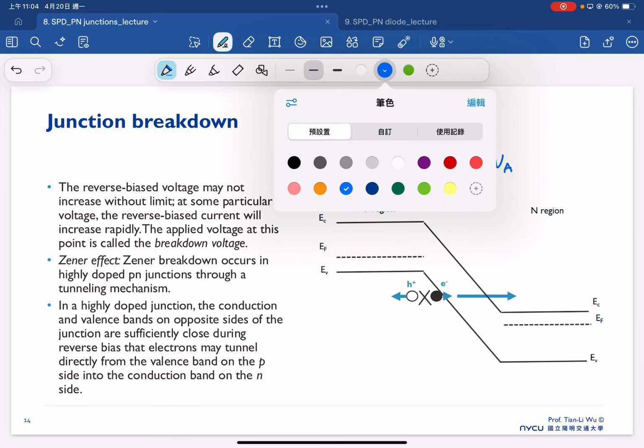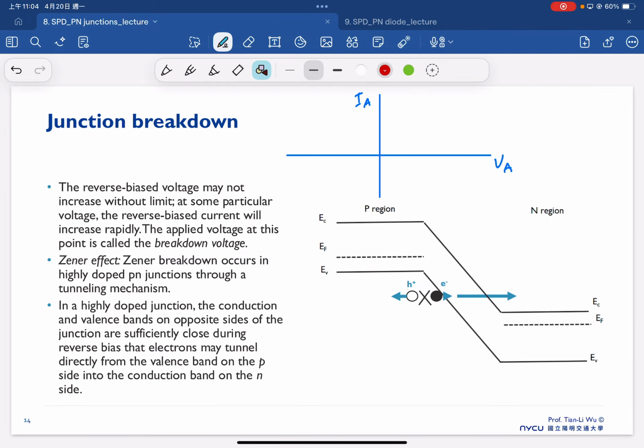So we can conclude that ideally, when we apply reverse bias, the current should always be equal to 0, because the barrier just keeps increasing, and there's no carrier that can flow from P to N and N to P. So that's the ideal case.